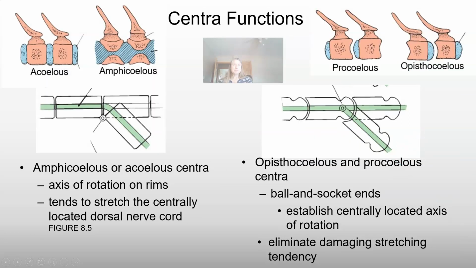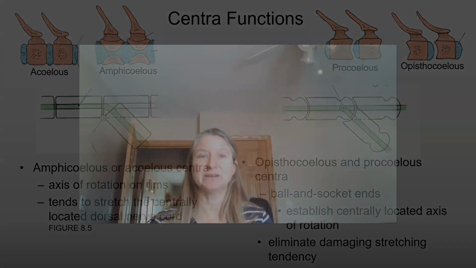All right. Now we can get into a little bit more information with our central functions. So when we think about axis of rotation, axis of rotation is perpendicular to the plane of movement. So again, I'm going to see if I can do this.